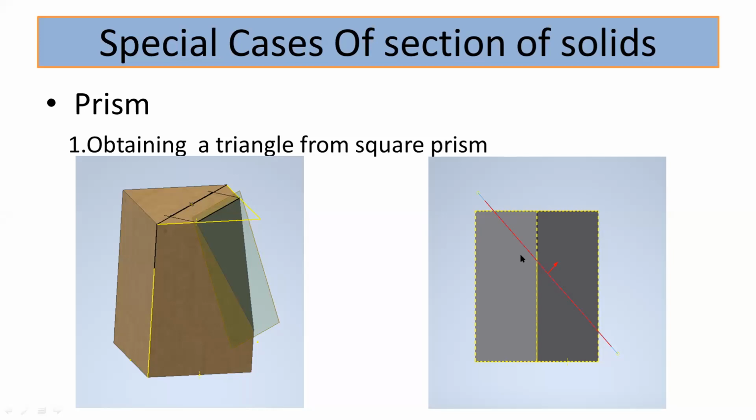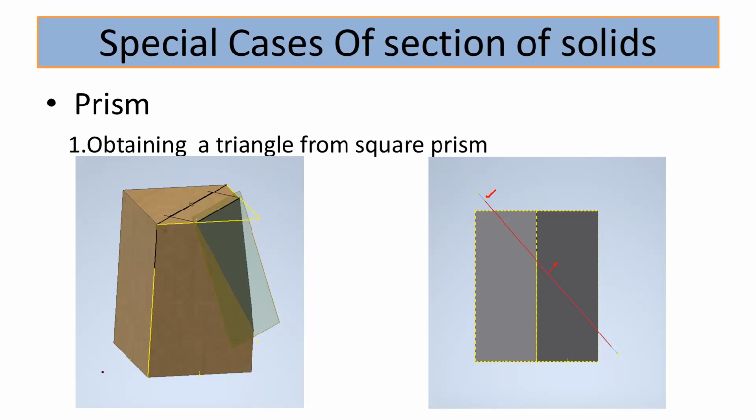In the second image, you can observe the front view. In the front view, this line represents the position of the section plane. Okay. So if you cut the solid, that is a square prism, with this section plane, then we cannot obtain the triangular shape. Okay. So it will be a polygon.